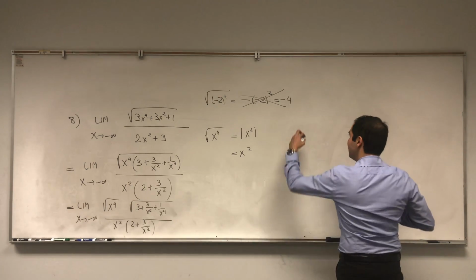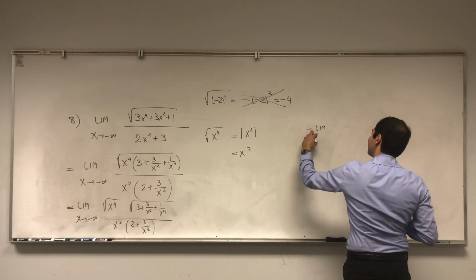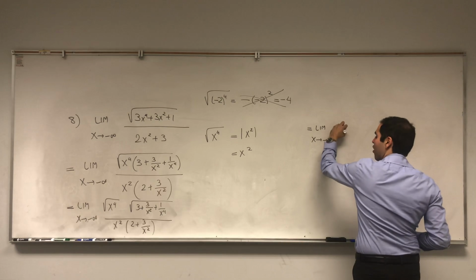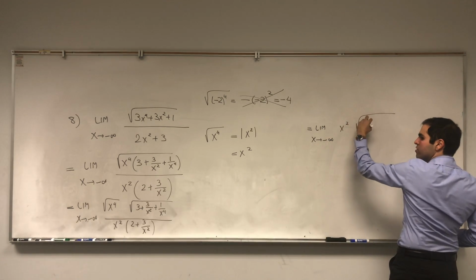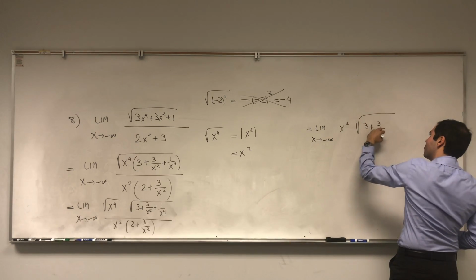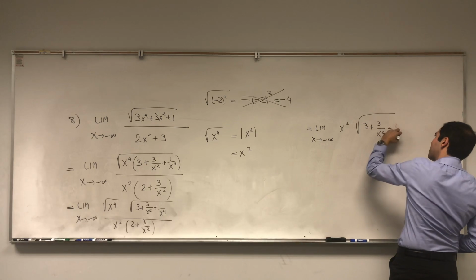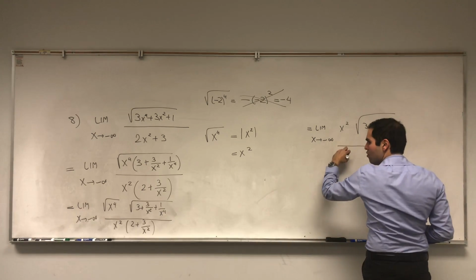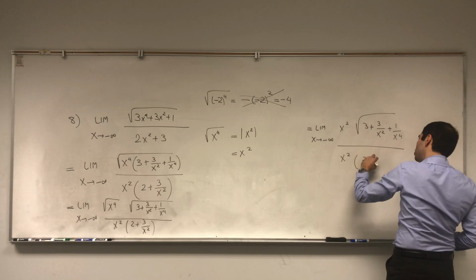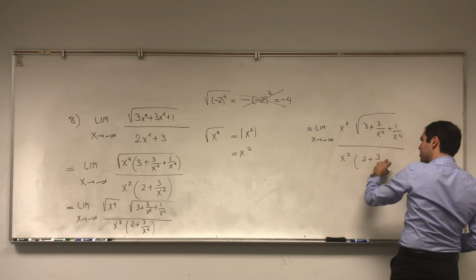And then what you get is the limit as x goes to minus infinity of x squared, square root of 3 plus 3 over x squared plus 1 over x to the 4th, over x squared times 2 plus 3 over x squared.